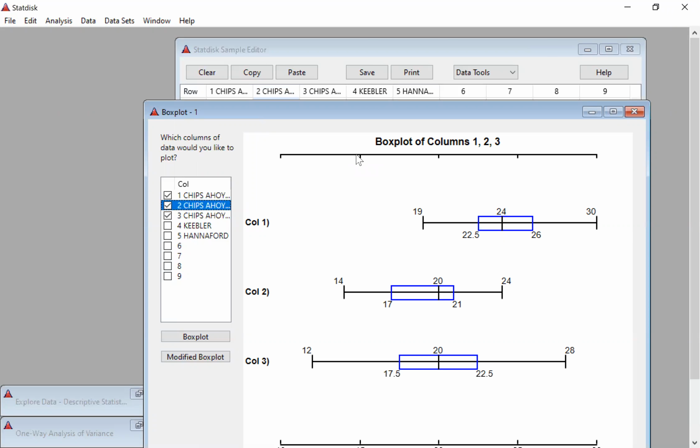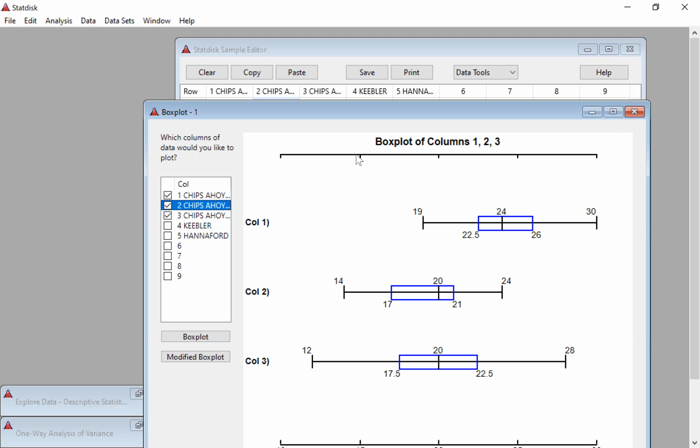So what we see with 2 and 3, the chewy and the reduced fat, those boxes overlap by quite a bit, and the sample medians of each of these are the same. So looking at 2 and 3, those two don't appear to be different from each other.